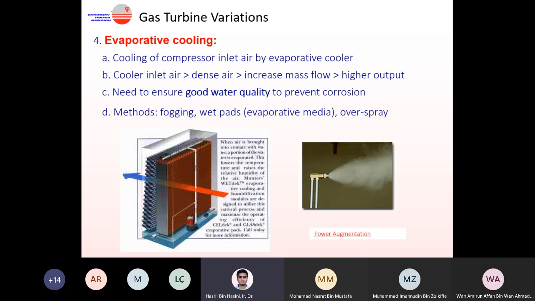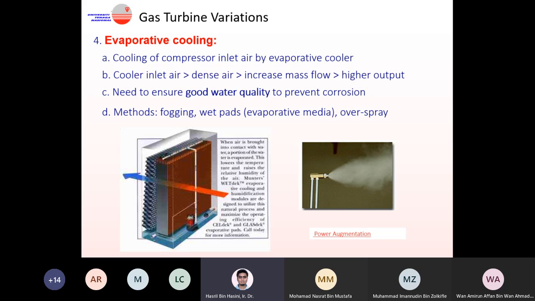Cooling of compressor inlet air by evaporative cooler. So they can just put a series of sprays at the air intake, just to make sure the temperature is cooler. Cooler inlet temperature means denser air, and denser air means more mass flow rate, and therefore you are having higher output or higher efficiency.